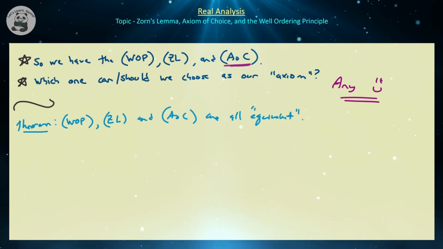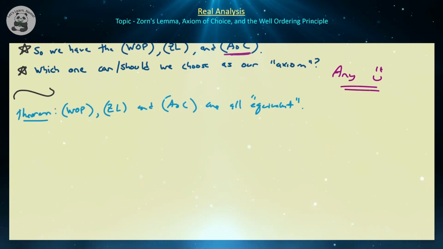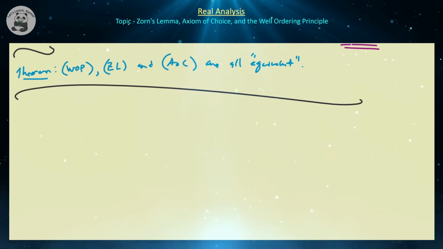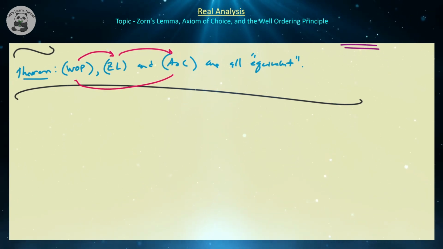That is, if you assume one, you can prove the other two, regardless of the one that you have proven. So let's start off by proving this. All we have to do is in some sense create a cycle. So we can show that the well-ordering principle implies Zorn's lemma implies axiom of choice, and for example prove that axiom of choice proves the well-ordering principle, and that will complete that cycle of proof, right?